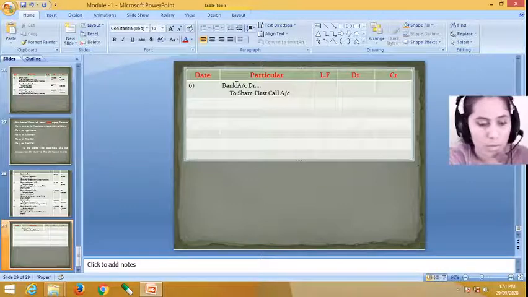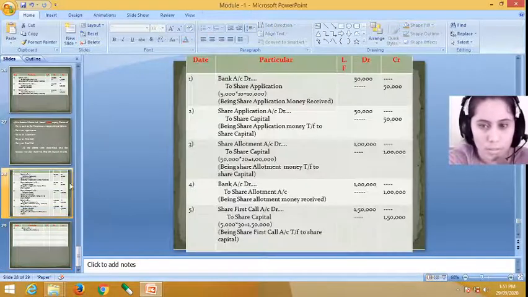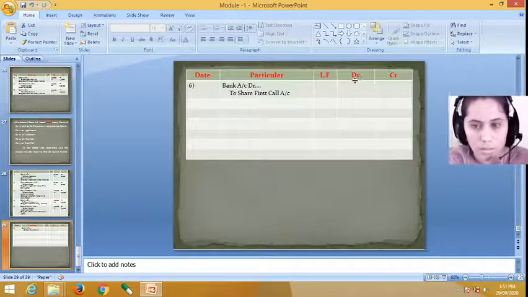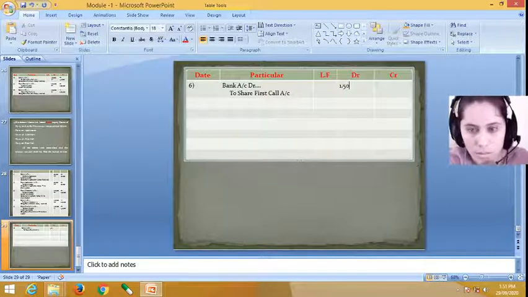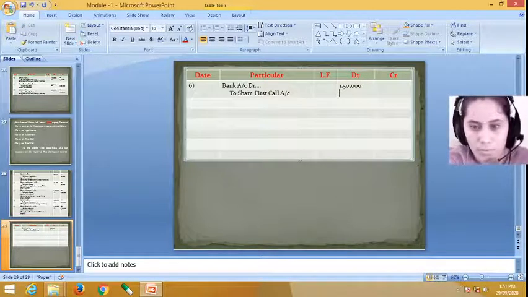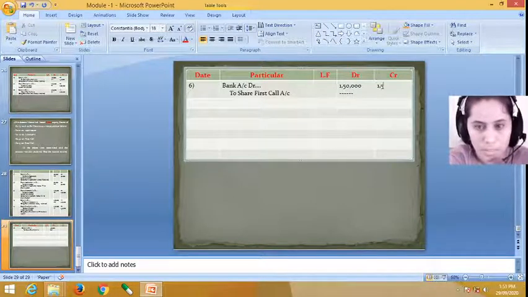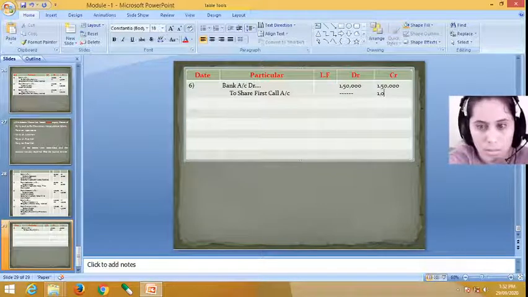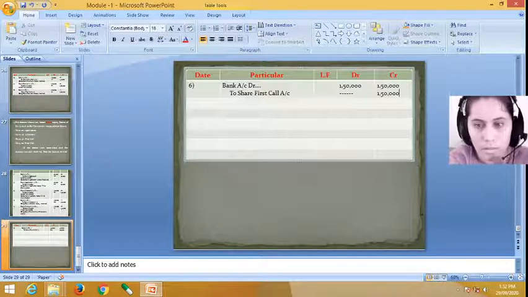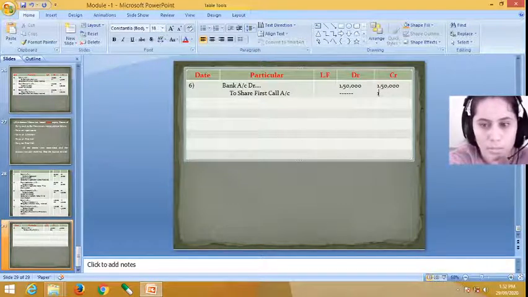So the amount is the same, 1,50,000. Debit 1,50,000, credit 1,50,000.